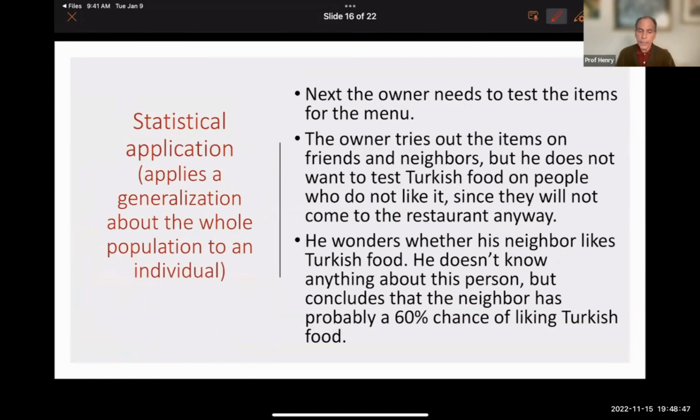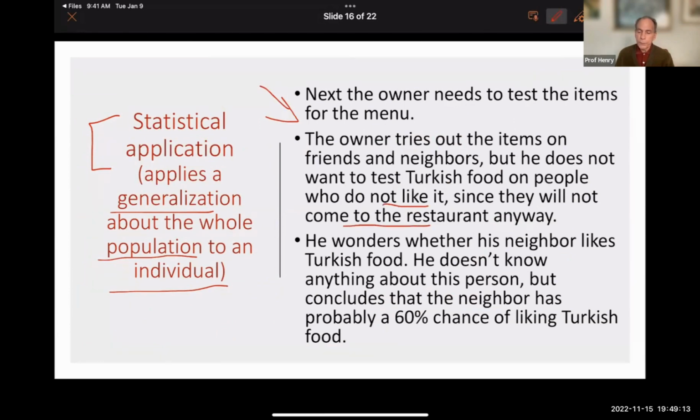Now here is the opposite. Statistical application applies a generalization about the whole population to an individual. Next, the owner needs to test the items for the menu. The owner tries out the items on friends and neighbors, but he decides he doesn't want to test Turkish food on people who do not like it, since they will not come to the restaurant anyway.